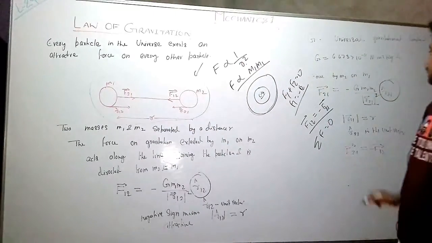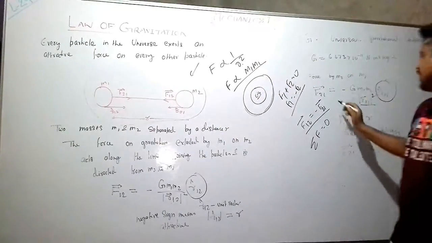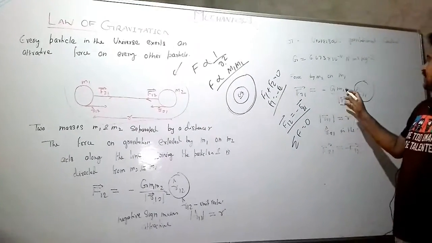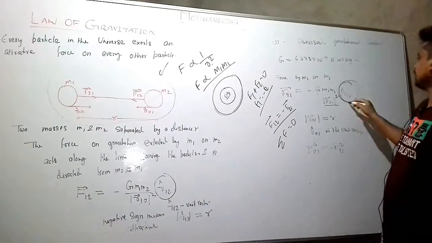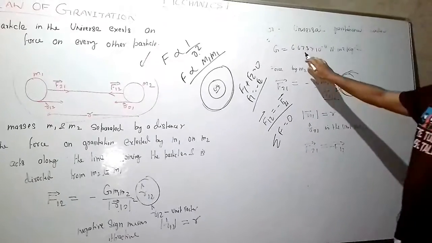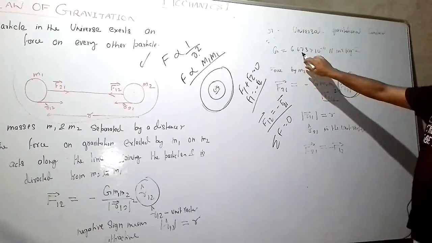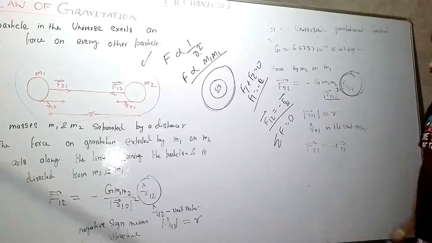In the same way, the force exerted by m2 on m1 will be F21 equals minus G m1 m2 divided by r21 squared, times r21 hat, the unit vector. G is the universal constant, and it has the value 6.673 times 10 to the power minus 11 newton meter squared per kilogram squared.